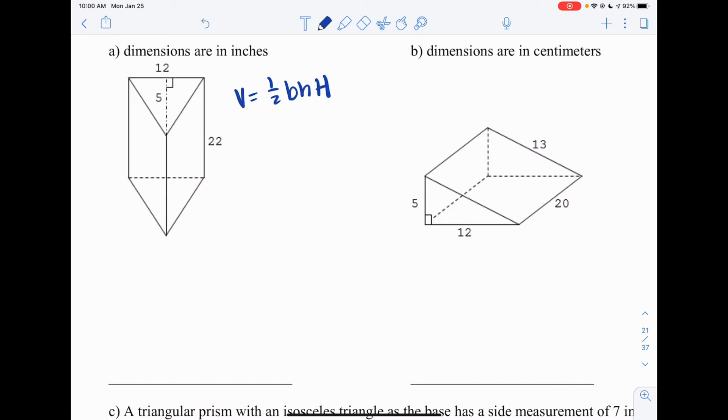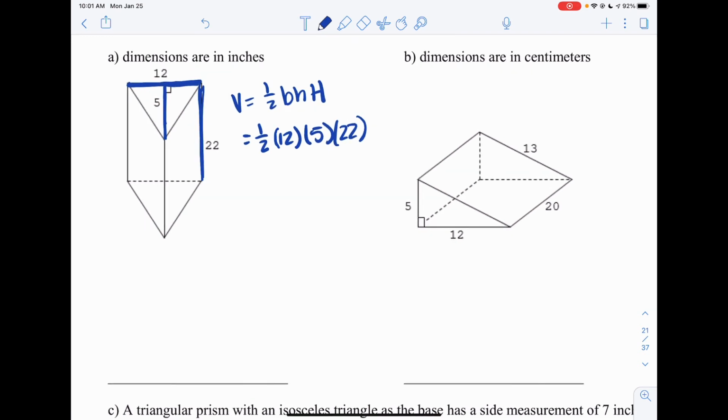Now I'm going to bring down that 1/2 because we don't have anything to substitute there. I'm going to substitute the base, B, of the triangle, which is located right here, and that is 12. Then I have the height of the triangle, which is located here, and that's 5. And then I have the height of the prism, which is located here, and that is 22.